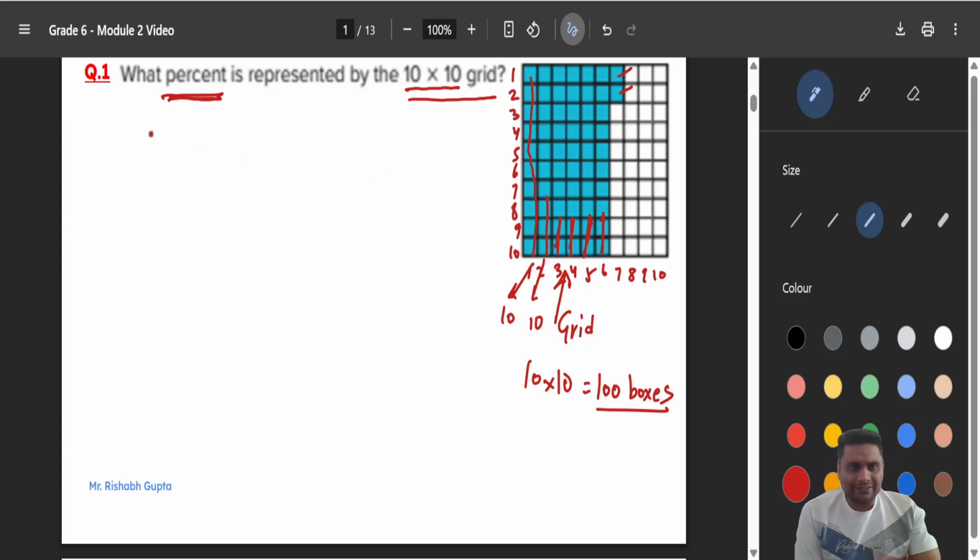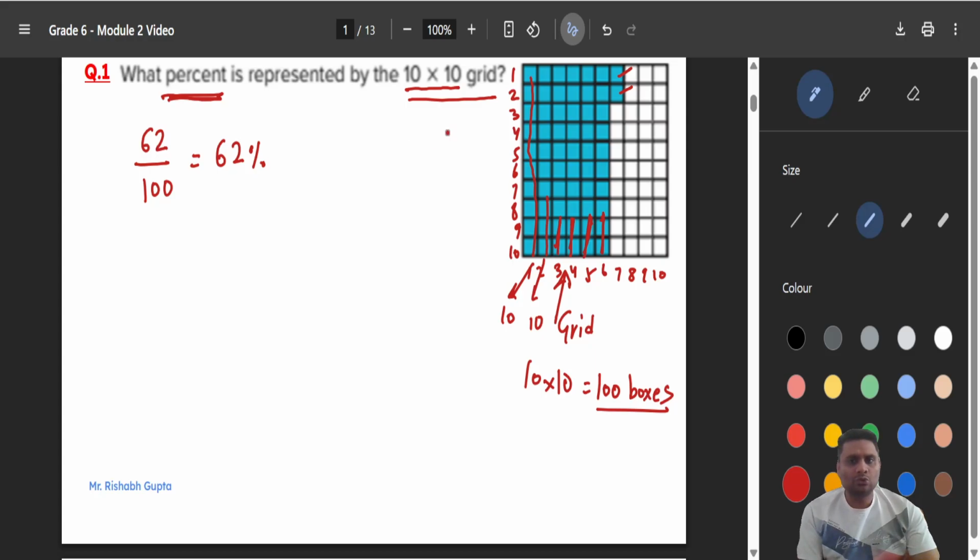So how can I write this? 62 boxes out of total 100 boxes are colored with blue, correct? I told you Taksim 100 means percent, so I can write it as 62%. This is the answer. I hope you understood.